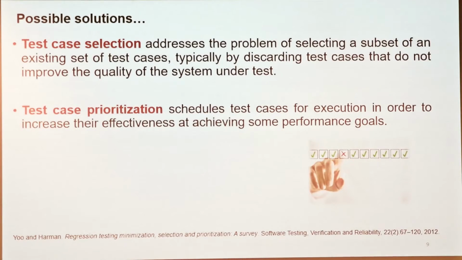This motivation opens two hot topics in software testing: test case selection and test case prioritization. We use the definition proposed by Harman and Yu for test case selection. Test case selection means you are going to select a subset of generated test cases for execution. Assume this situation: you have a product and you change just a part of this product.